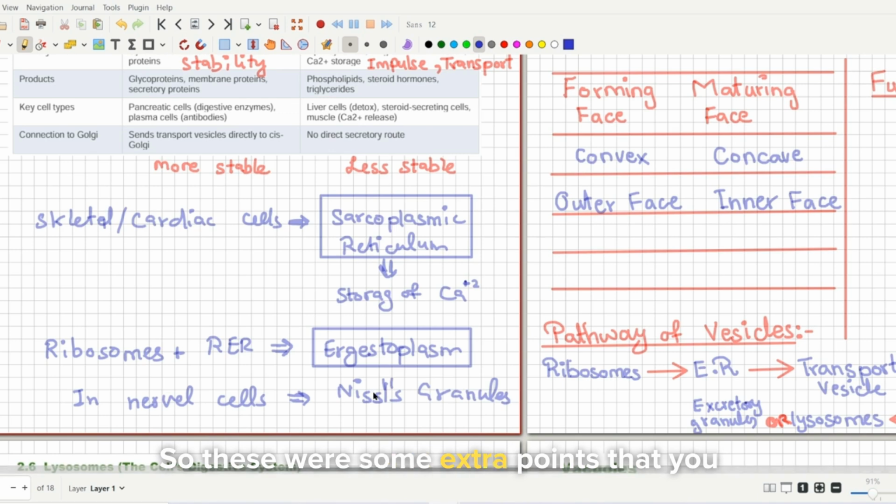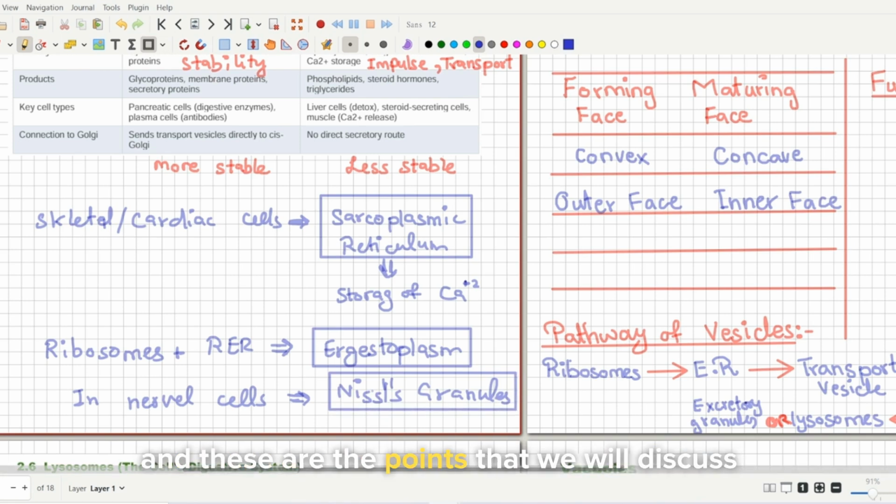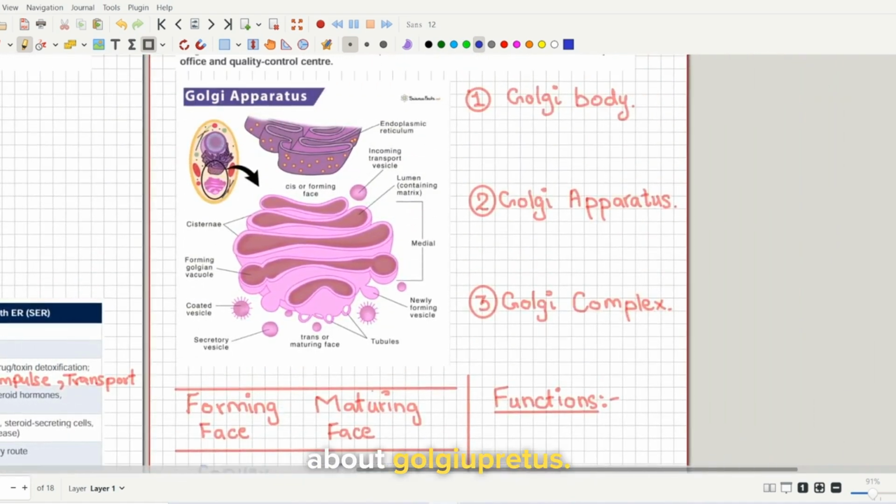So these were some extra points that you need to memorize for the endoplasmic reticulum, and these are the points that we will discuss in our future lectures. Sarcoplasmic reticulum will be studied in the muscle chapter, and Ergastoplasm and Nissl granules will be studied in the nervous system chapters. So let's move on to our next topic, the Golgi apparatus.